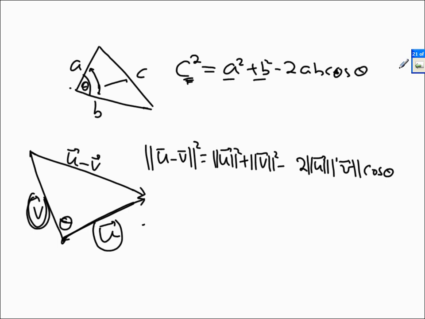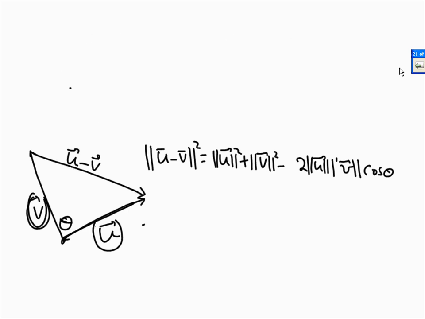Now, let me get rid of what's on top. And let's talk about what u minus v is. The first part of the equation says the length of u minus v. Well, suppose I say u is x1, y1, and vector v is x2, y2.